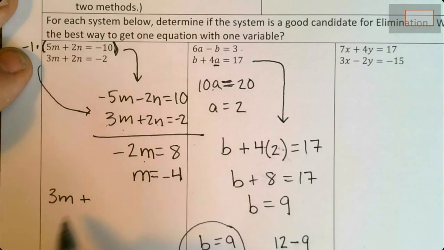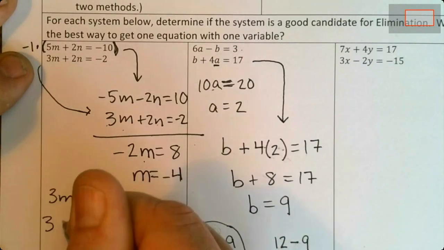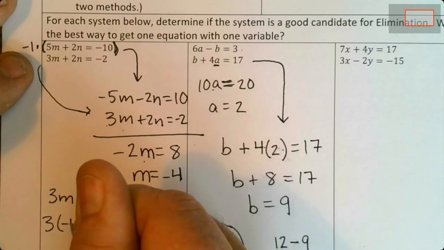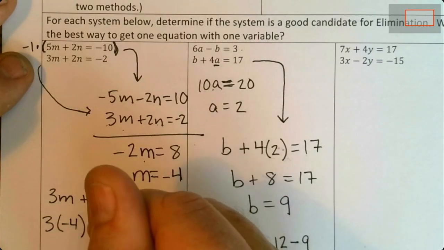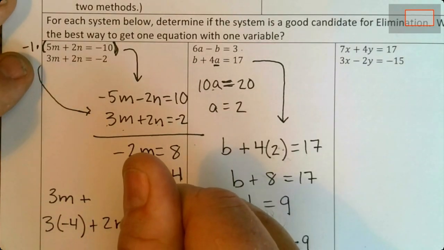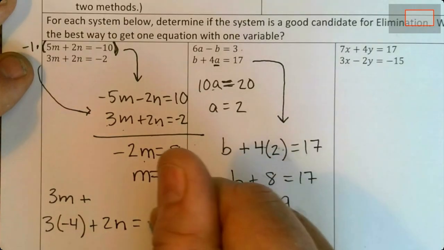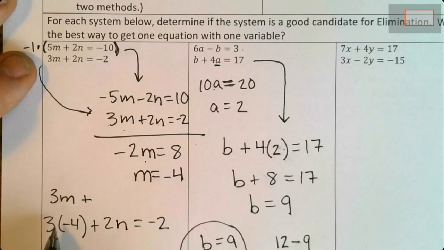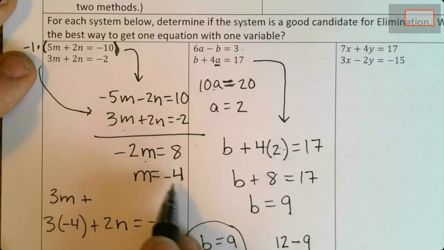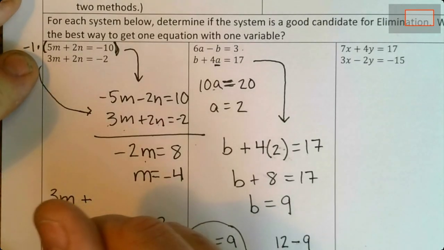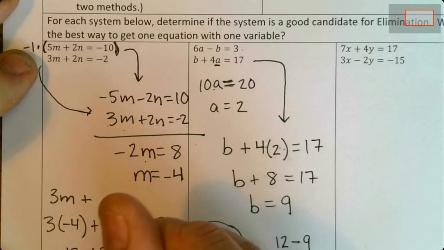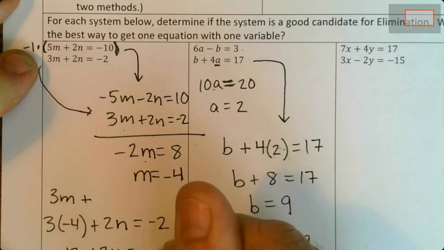So I'm going to write 3 times m, which is negative 4. 3 times m, and then plus 2 times n, and that's going to equal negative 2. So I just rewrote the bottom equation. When I got to m, I placed what I believe m to be, negative 4. So I've got 3 times m plus 2n is negative 2. This is going to be a negative 12 plus 2n is negative 2.